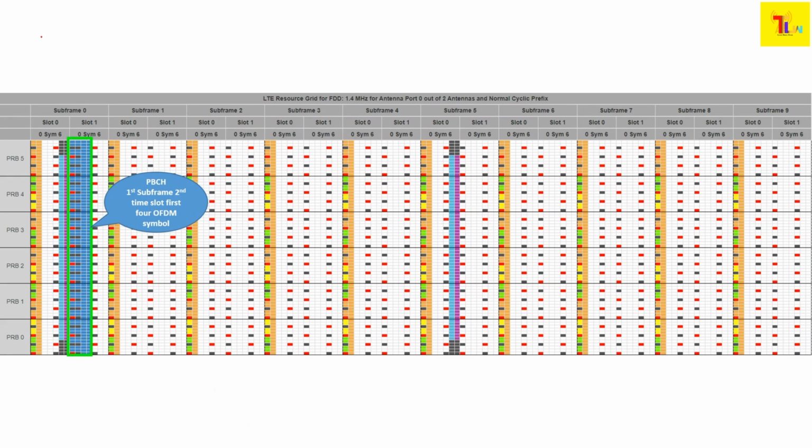And see, this is one radio frame, an enlarged picture. One radio frame is 10 millisecond, and in the first subframe, second time slot, first four OFDM symbols is exactly where the PBCH is going to be decoded. This is 10 millisecond at the physical layer that we are talking about.